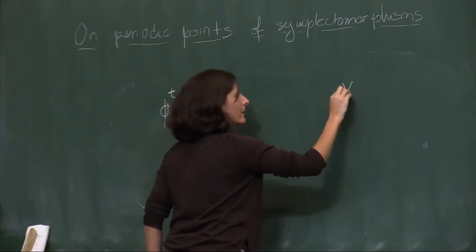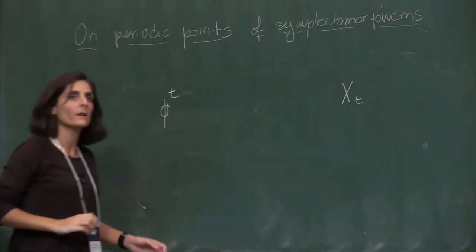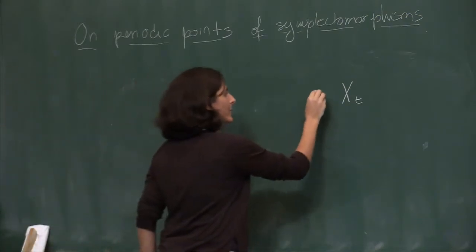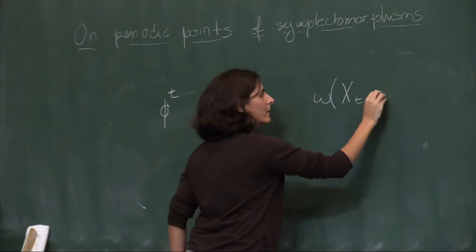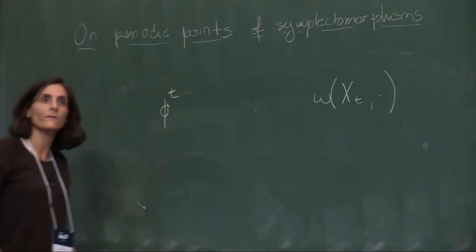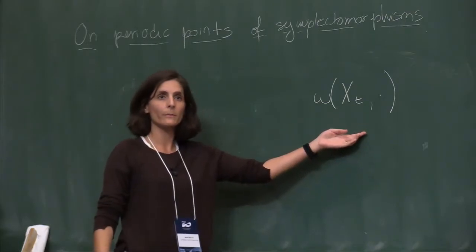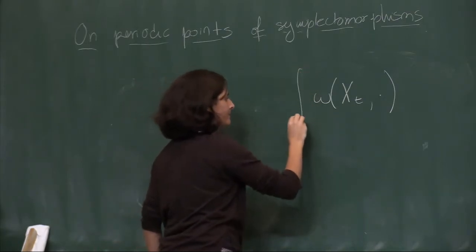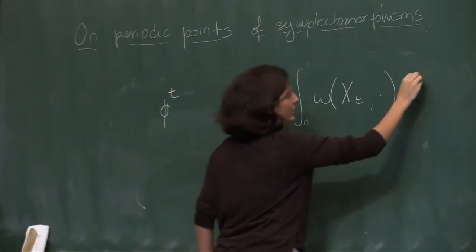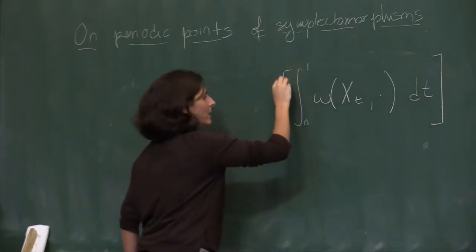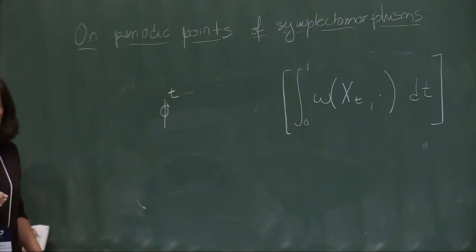To this vector field, I can associate a one-form just by contracting omega with it. This is a closed one-form, and I can average it over time and consider the cohomology class of this closed one-form.